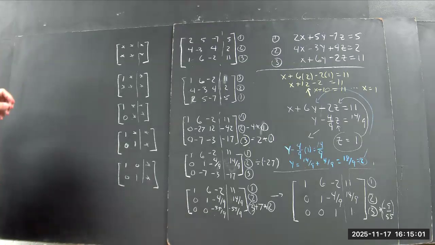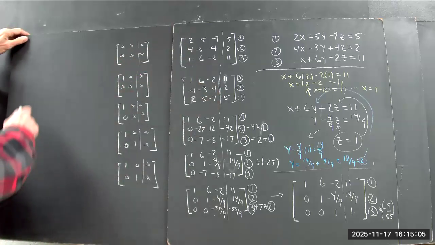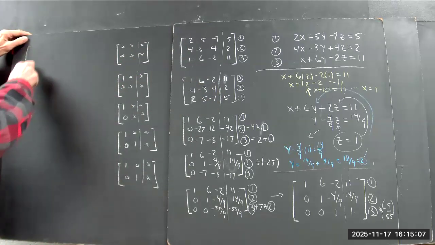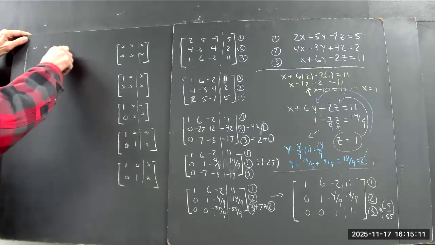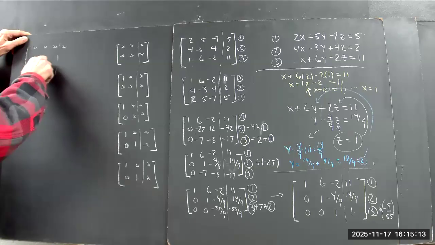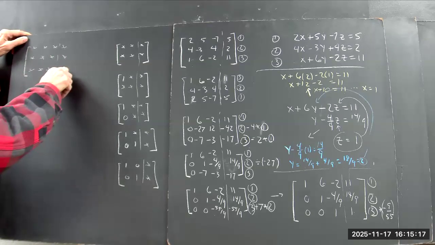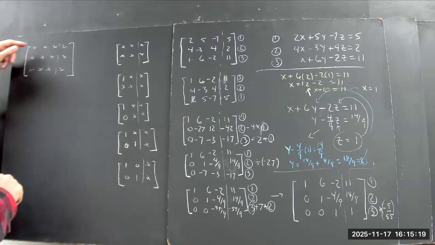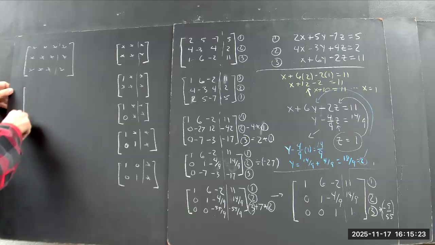Now it's a little more complicated when we have a 3 by 3 matrix, but just a... we got 3 rows, 4 numbers in each row.